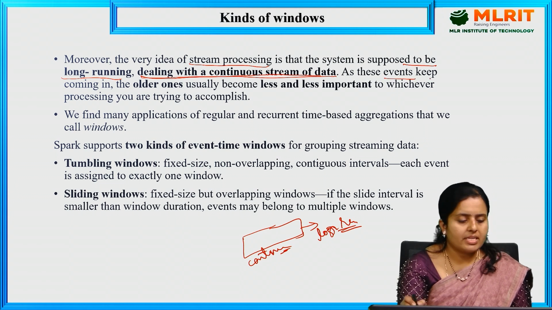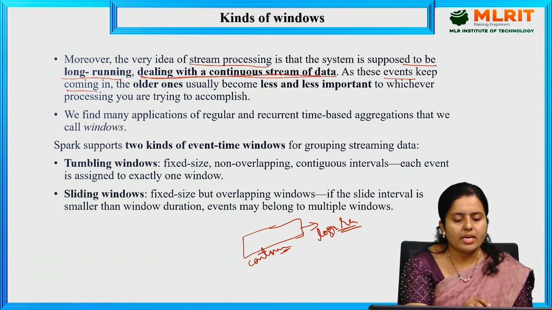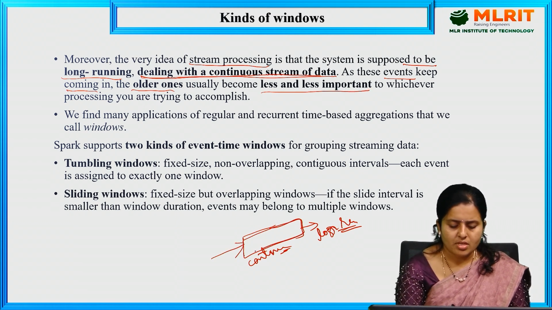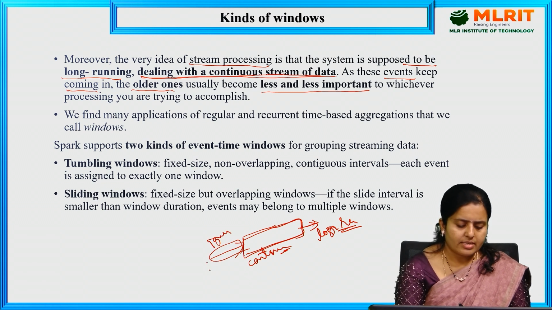As these events keep coming in, the older ones usually become less and less important. The past data we can ignore, or treat as less important, since those events are already completed.